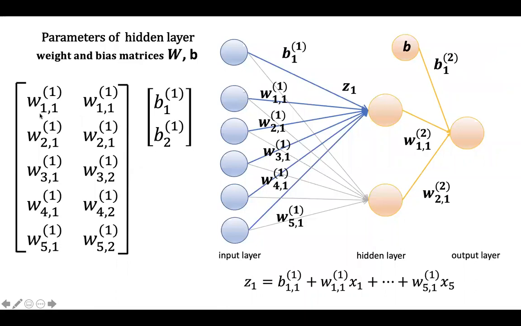And the subscripts will indicate which feature it belongs to and to which neuron it goes to. So basically all the features in the first column are on the connections that go to the first hidden neuron, and all the features in the second column are for the connections that are going to the second neuron. And the biases are stored in a separate matrix.